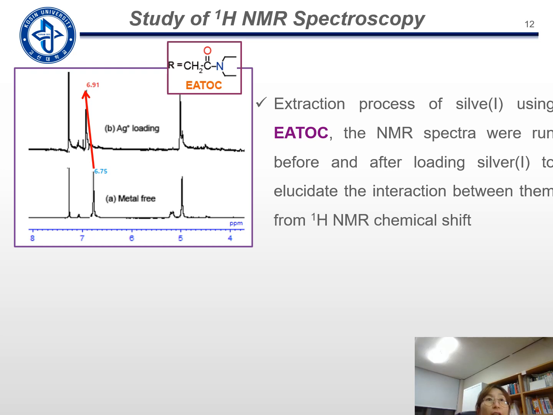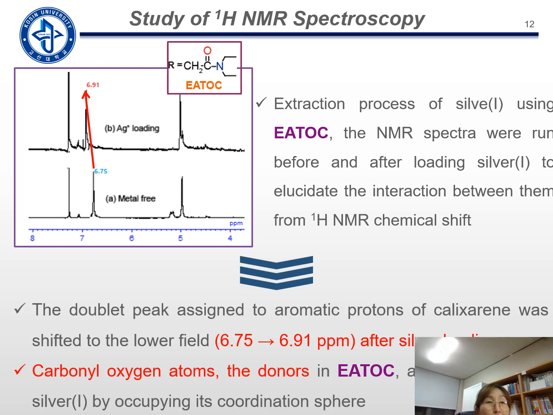As shown in this figure, the double peak assigned to two aromatic protons of calix arene was shifted to the lower field, from 6.75 to 6.91 ppm, after silver loading. So carbonyl oxygen atoms, the donor in EATOC, are coordinated to silver ion by occupying its coordination sphere.